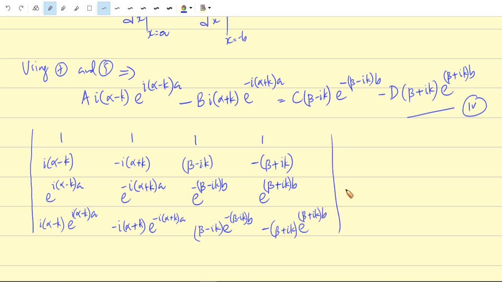So this is the determinant. This determinant must be 0 to have a non-vanishing solution for all these 4 equations. Actually there are negative signs in the third and fourth columns, but it does not change the value of the determinant because it is 0.